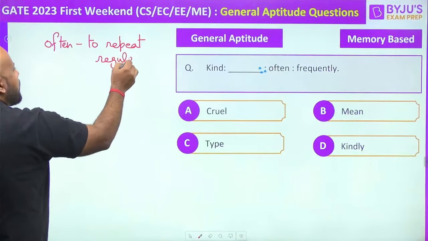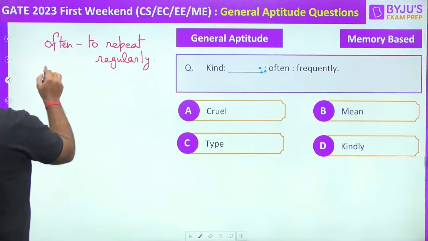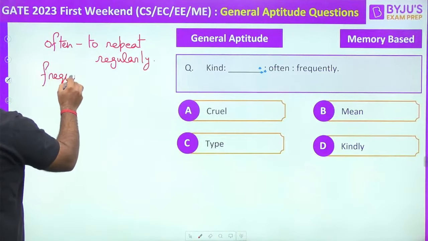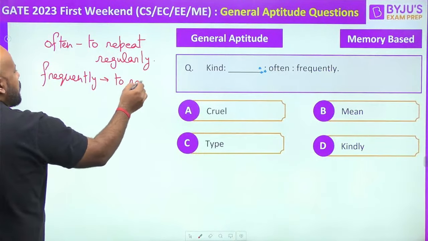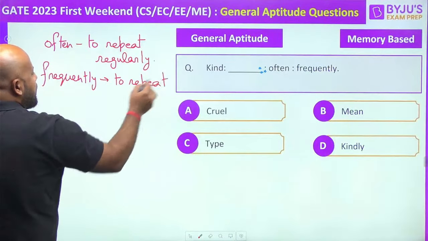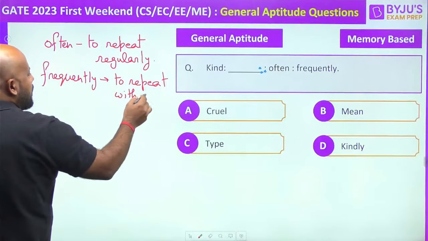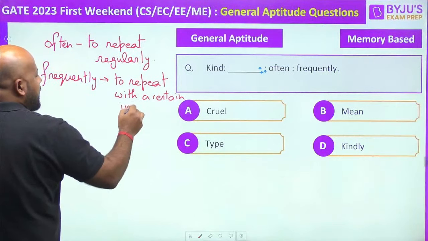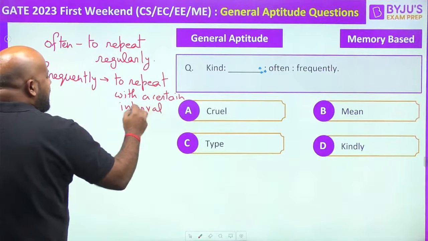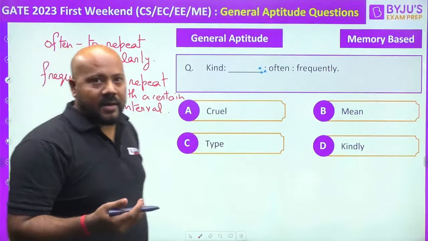Yes or no? What is the meaning of frequently? Frequently means to repeat with a certain interval. Certain interval means time period.